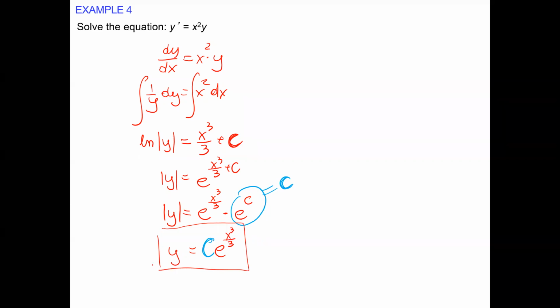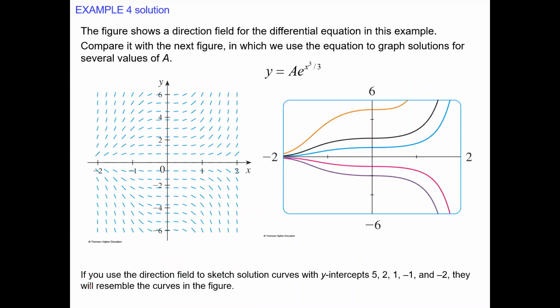Okay, and I think I have the graph. Oh, I have the solution. Excellent. I just used a different letter, but it's just a constant. We can actually say c.